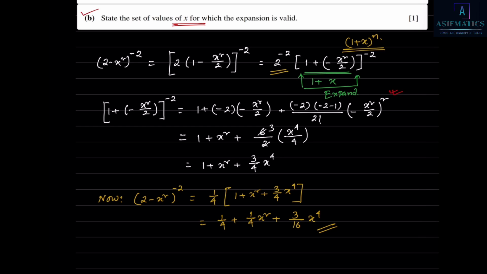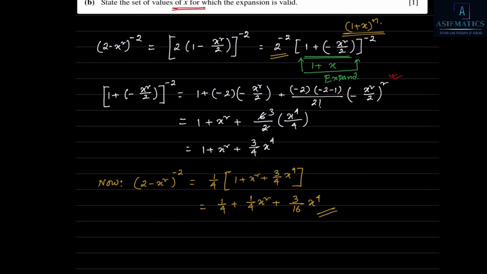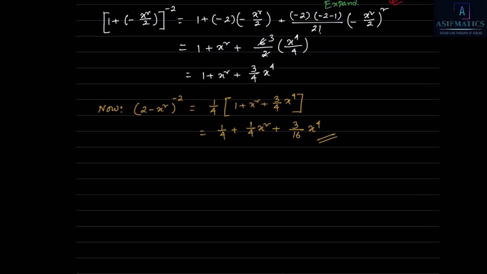According to this situation, what we know is that for 1 plus x to the power n, the expansion is valid when the modulus of x is less than 1.